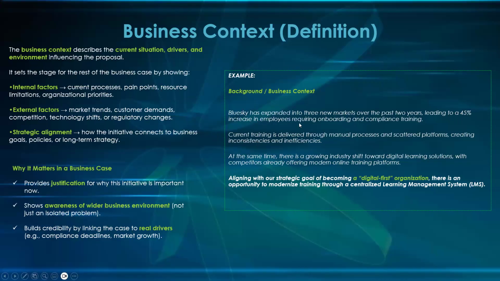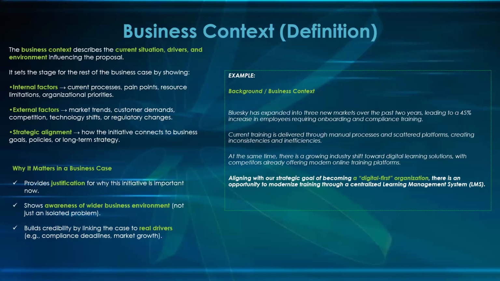BlueSky has expanded into 3 new markets over the past 2 years, leading to a 45% increase in employees requiring onboarding compliance training. Now, again, context: because they have expanded, they now have more employees required onboarding.